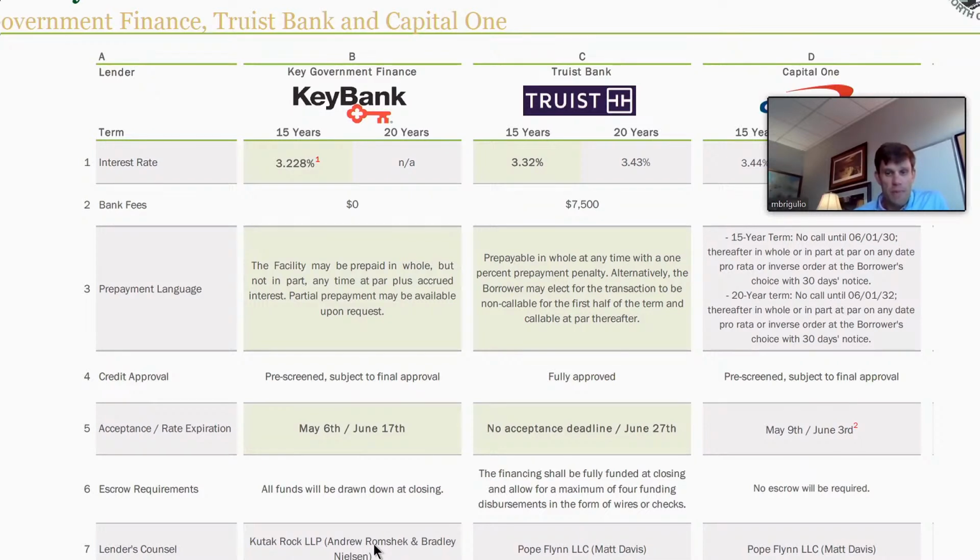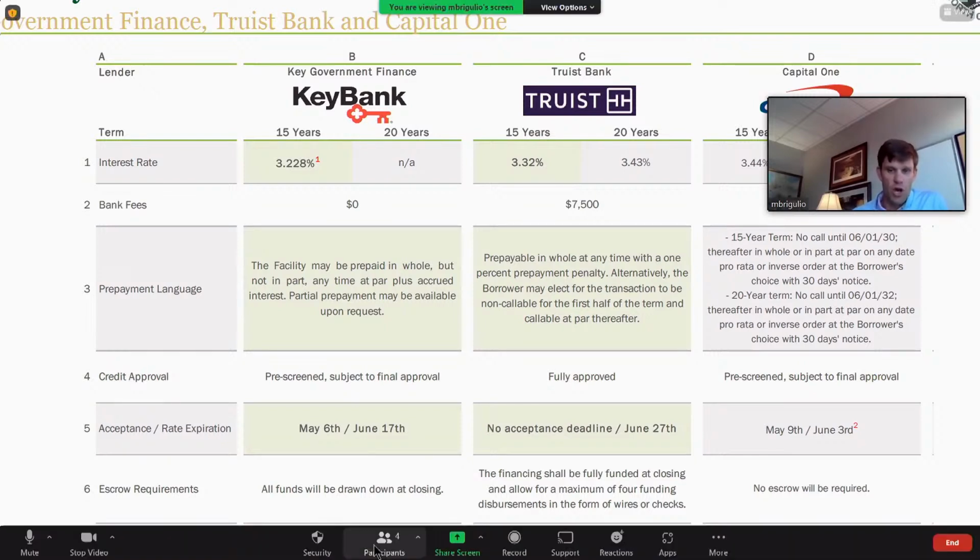You can either prepay the loan at any time with a 1% prepayment penalty, or you could have a non-prepayment period for the first half of the loan. So for the first 7.5 years, the loan would not be prepayable, and then you could prepay it without penalty thereafter.